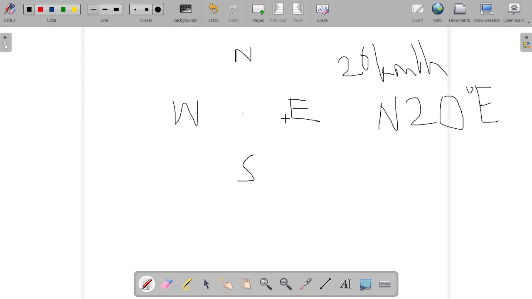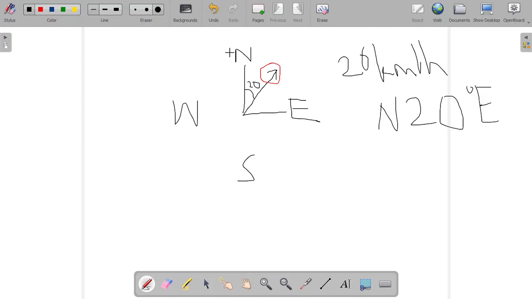So we have northeast here, then this is it. It travels 20 degrees east of north. So the arrowhead here indicates its direction.